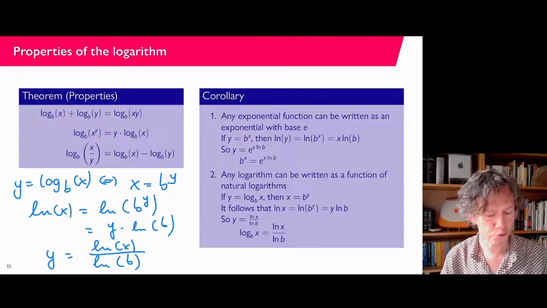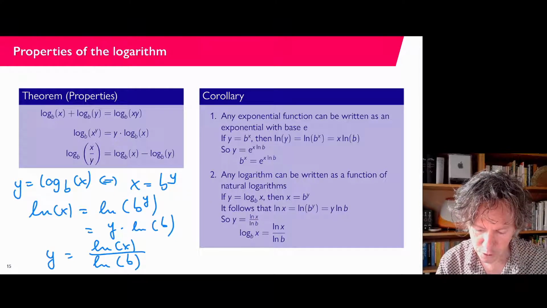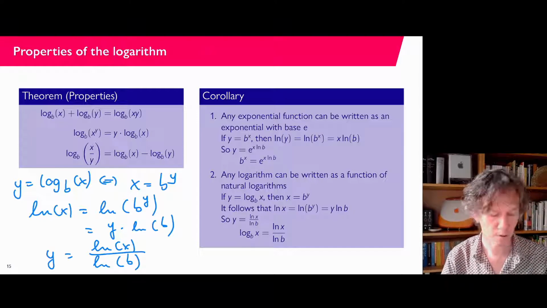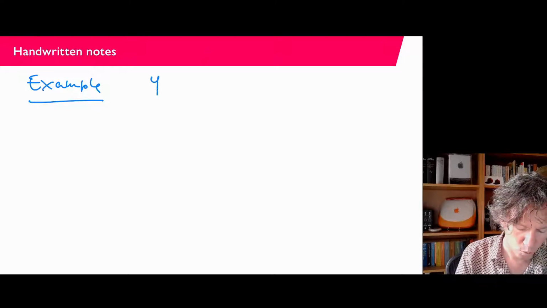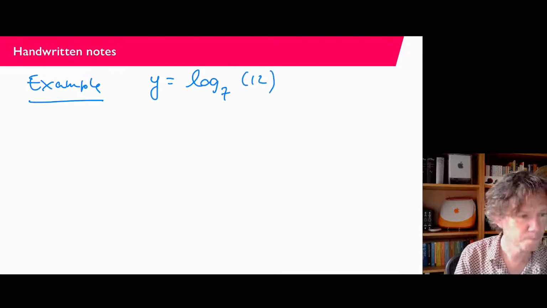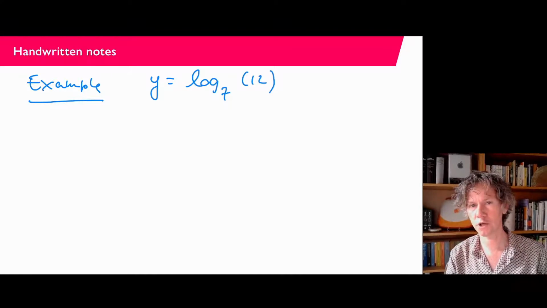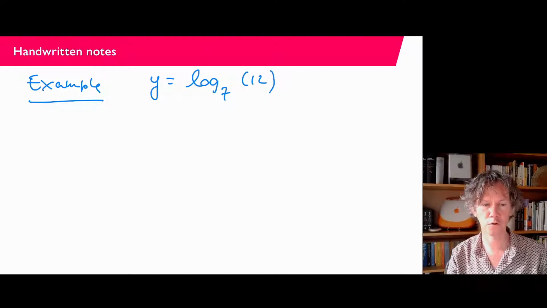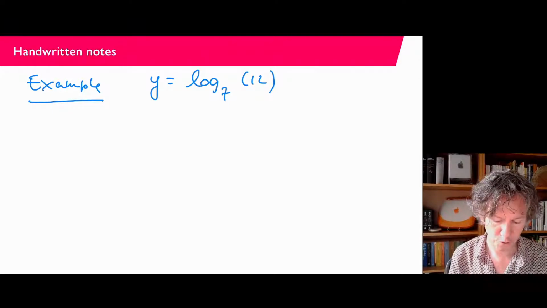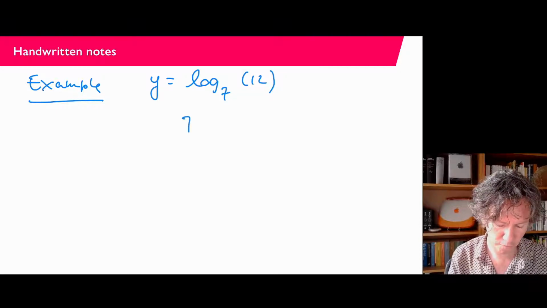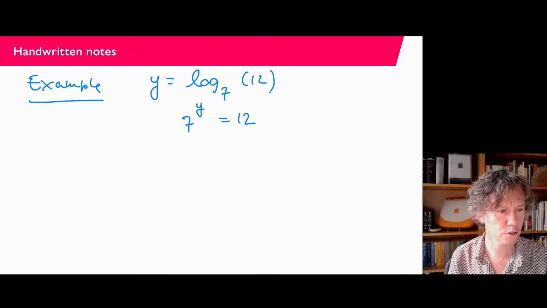So how could you possibly use this? For instance, and that's the final example for this video, say y is the logarithm with base 7 of 12. So this is some number, but say that your calculator doesn't have the 7 log, the log with base 7. What this means is that 7 to the power y equals 12. That's just rewriting what it says.